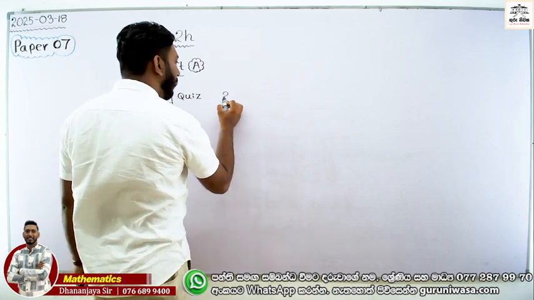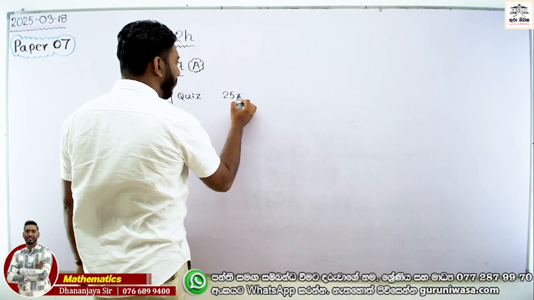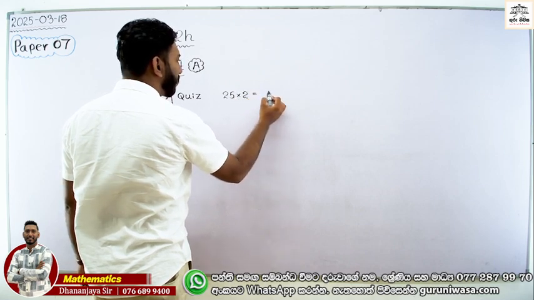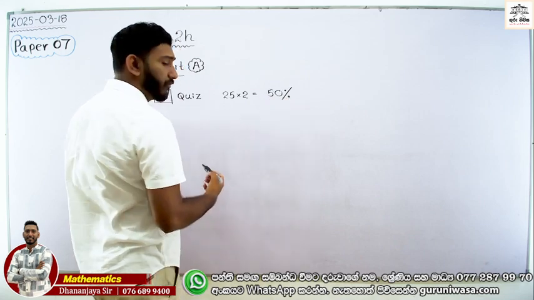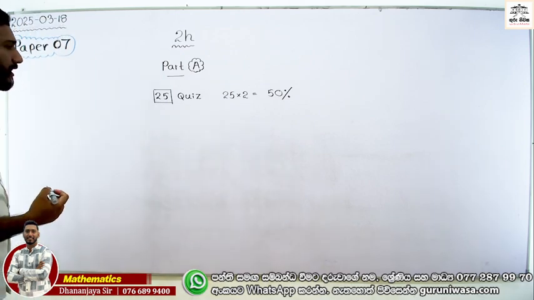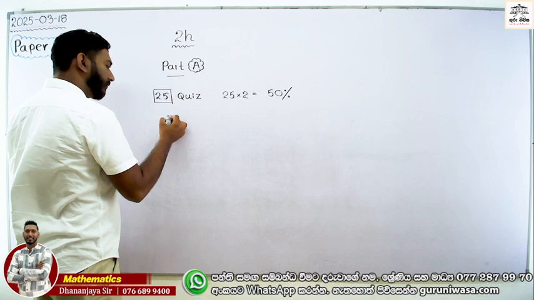Therefore, 25 multiplied by 2 becomes 50% of the first paper. 50%, right?